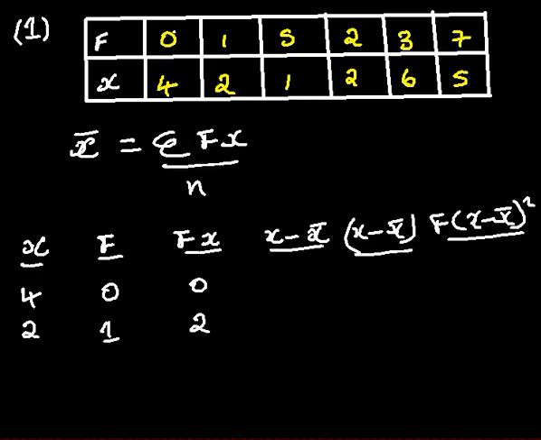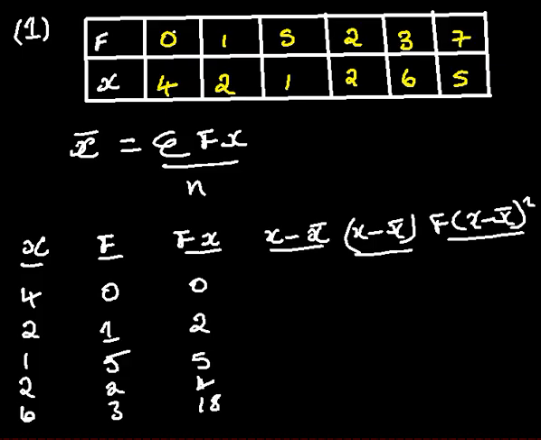And we have another value which is given as 1, and 1 times 5, since the frequency is 5, here we have 5. And I also have 2, and the frequency is 2, 2 times 2, that is 4. And we also have 6, and 6 times 3, since the frequency is 3, that is 18.